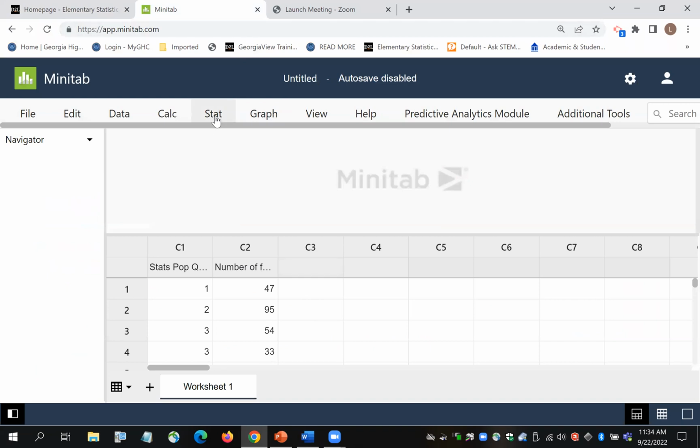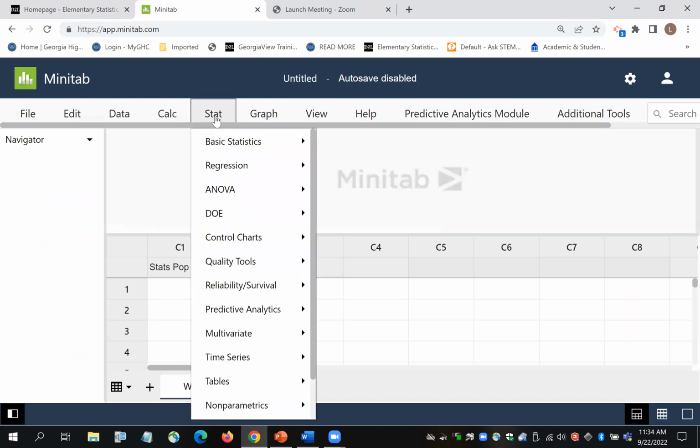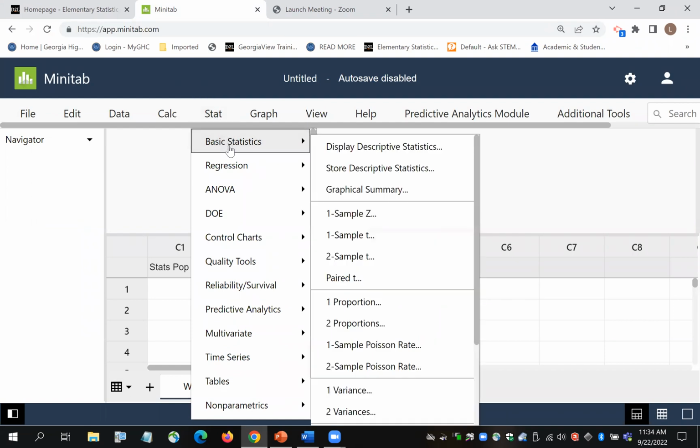We go to Stat, Basic Statistics. We are doing a 1 sample Z. I am using Z because I know the population standard deviation.